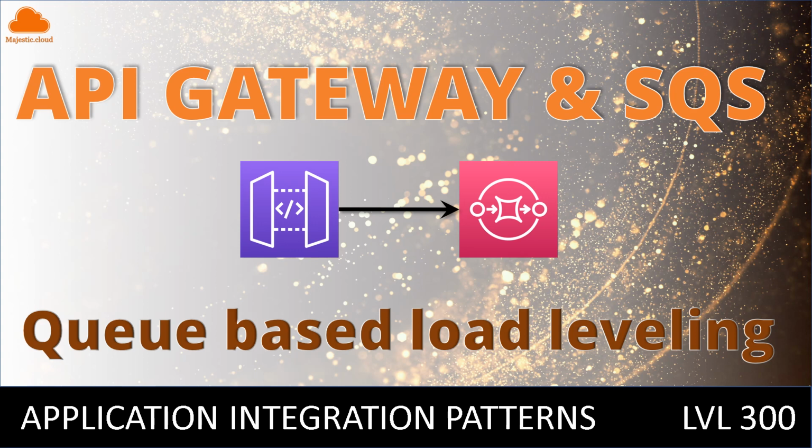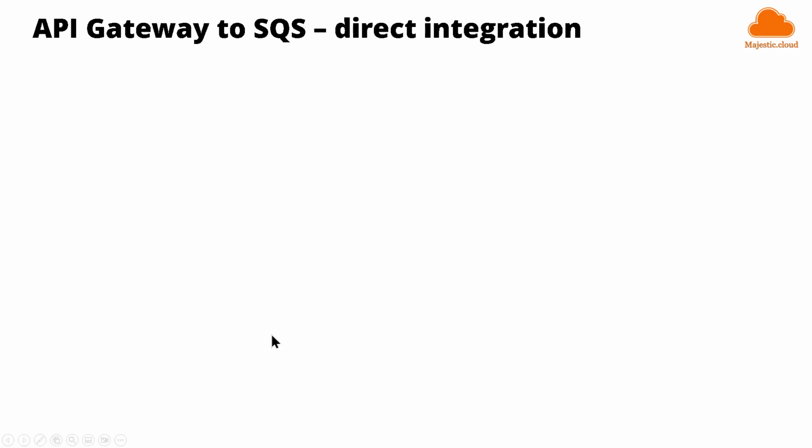So let's see why would we need to integrate API gateway and SQS. In some cases, you might want to process the requests that are coming into API gateway in an asynchronous way.